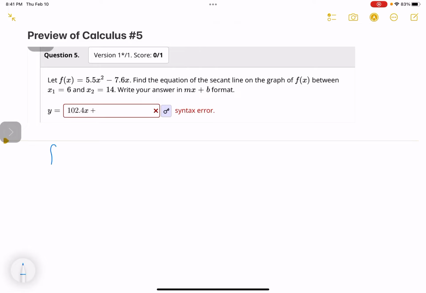So first of all, we're going to have our f of 6. When we calculate that, I'll get out my handy dandy calculator. And I would have 5.5 times 6 squared minus 7.6 times 6.